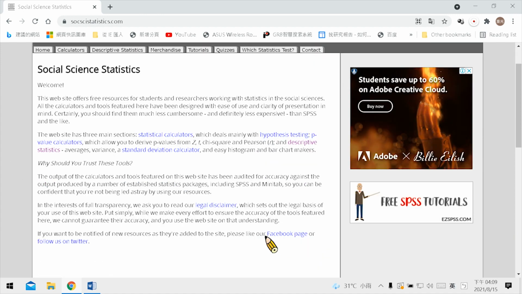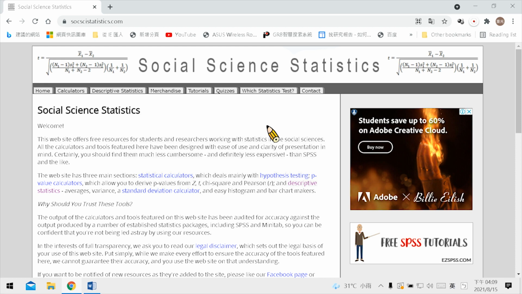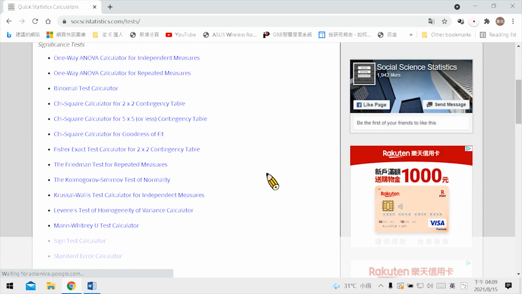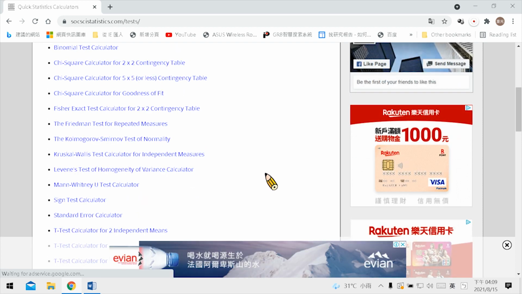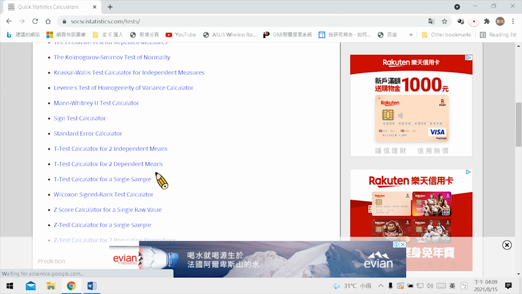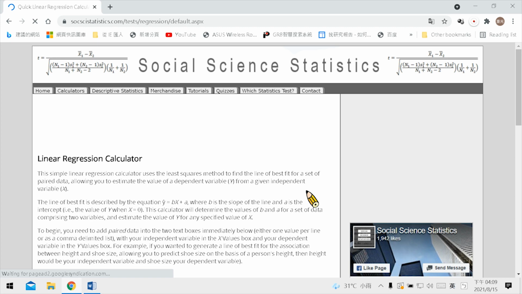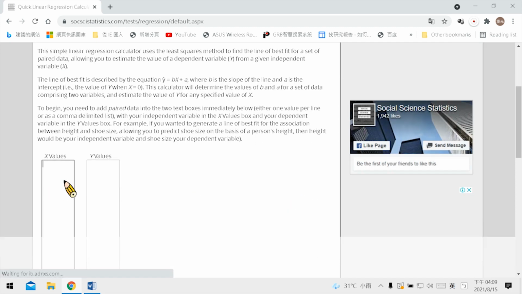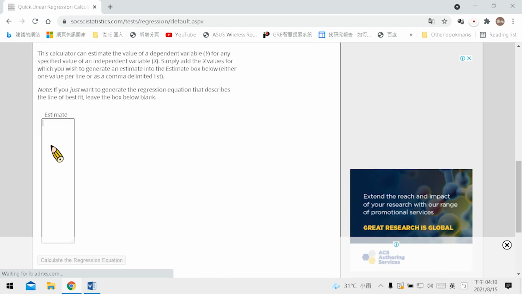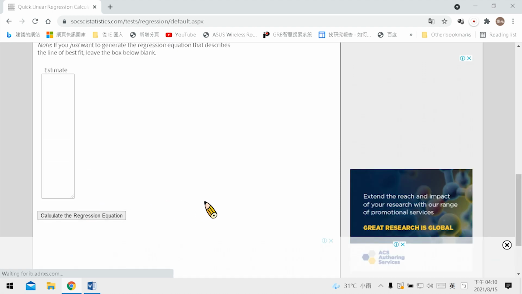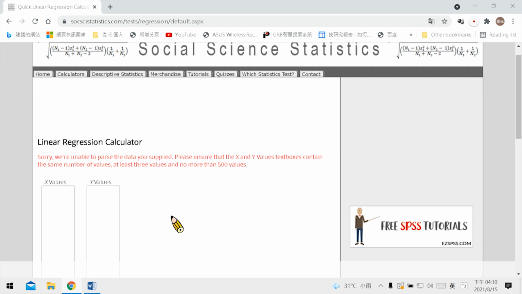If you don't use SPSS, you can use these calculators. It's like a calculator you can see in here, okay, and you can do like a t-test, okay, like multiple regression, okay, linear regression you can see in here, okay, and you put the x in here and y in here, and it can give you the regression equation, okay.